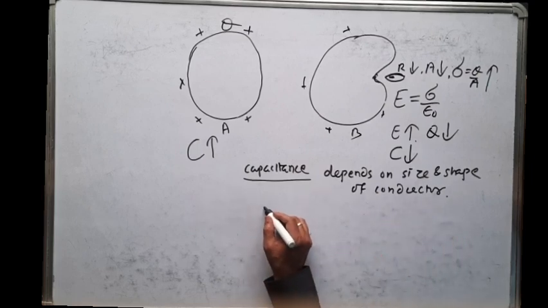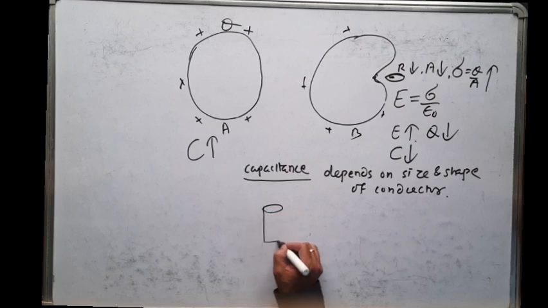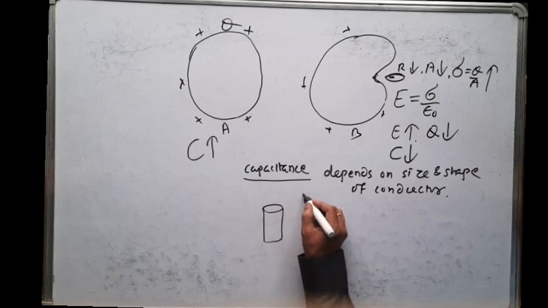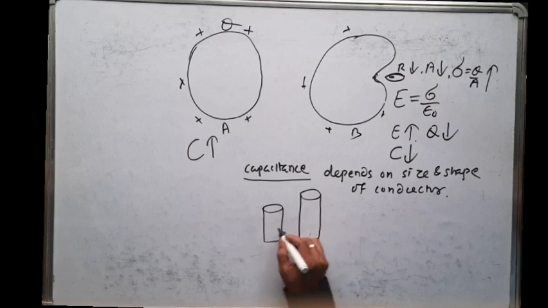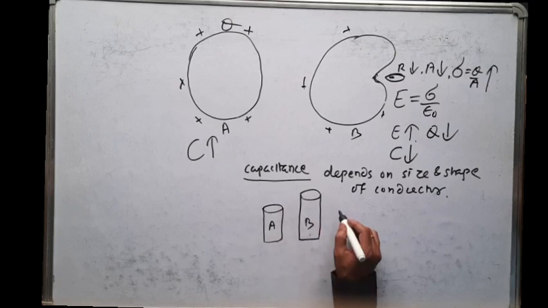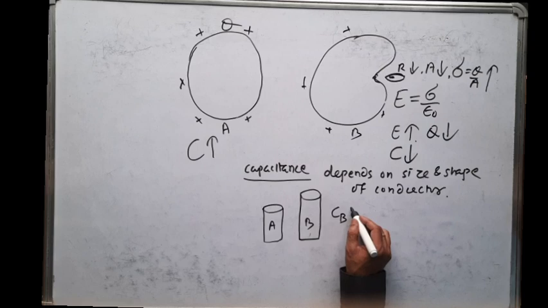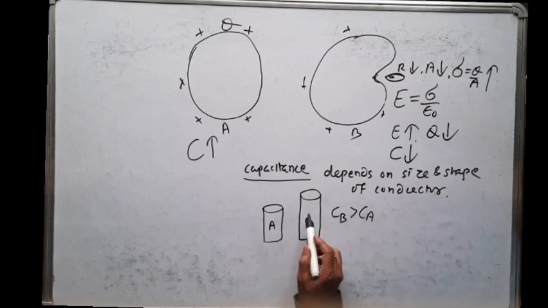Just like, you see, this is a glass, and I am taking a glass of the same dimensions but higher length. Let us say this is A, this is B. The capacity of glass B is more than the capacity of A. So the capacity of a glass depends upon its size.